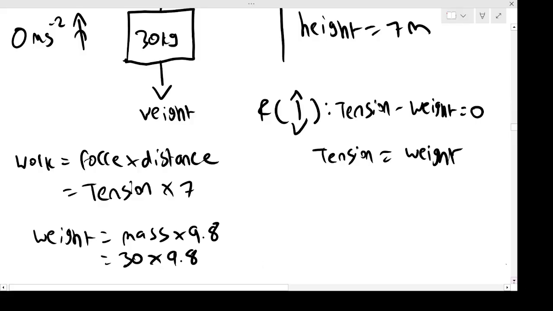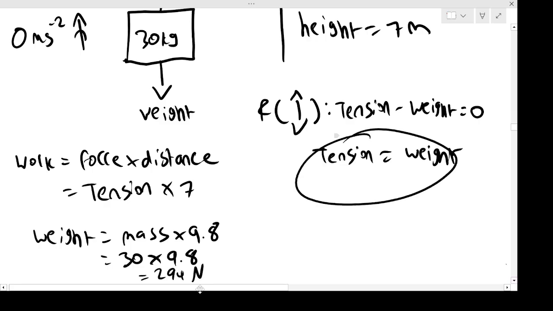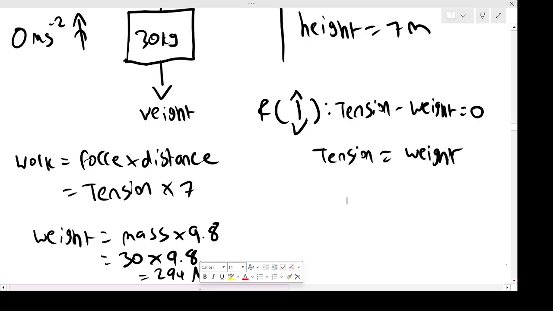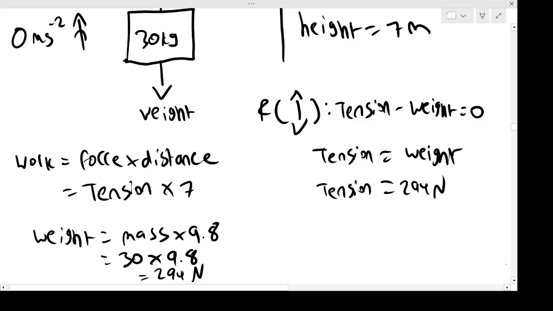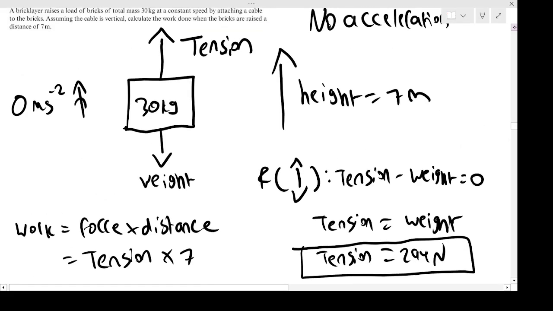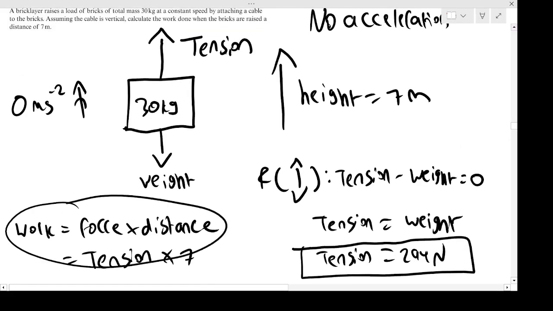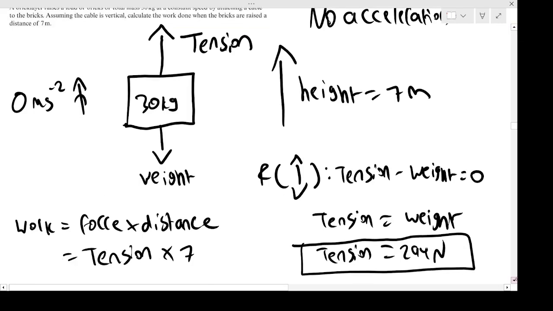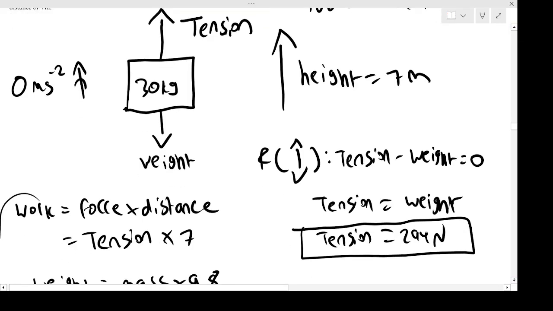That being newtons. Therefore, my tension is going to equal 294 newtons as well. But they don't want the tension force, the force upwards. They want me to find the work of the force. So now I can sub it in to get the work to be 294 times 7.